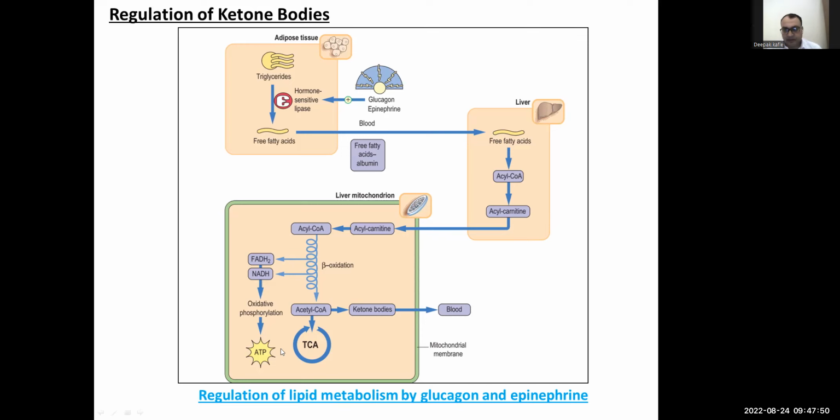This is especially for the production of a fuel source for the extrahepatic tissues during starvation, and glucagon will promote the synthesis of the ketone bodies as well.